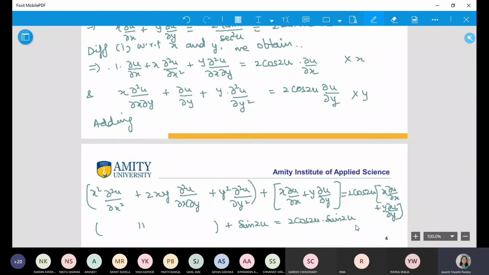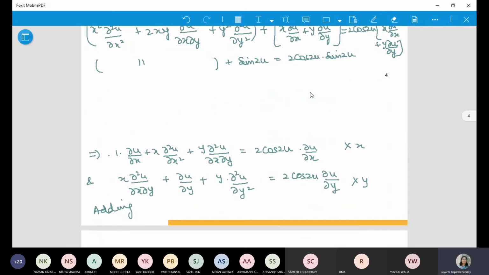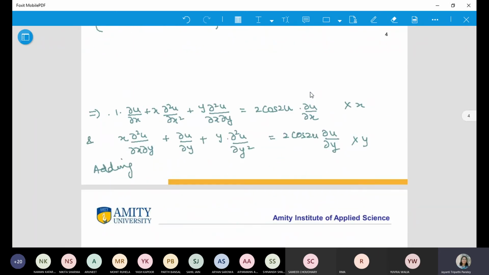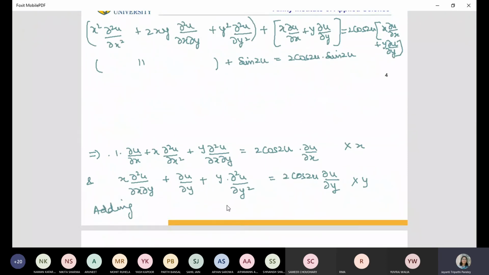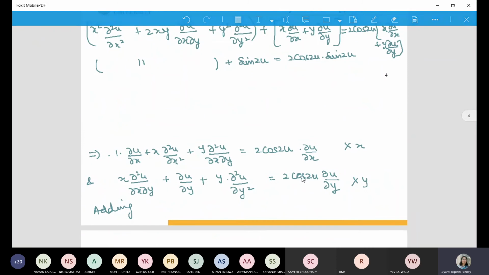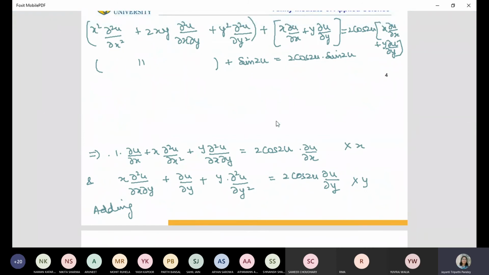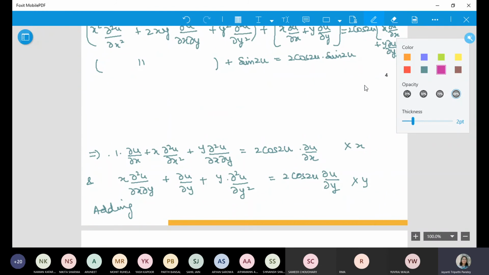Now shift this sin 2u to the right hand side, and see what we will get. Now I'm using a different color pen so that it's visible what we are doing.